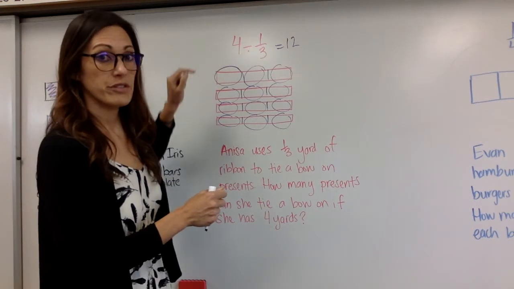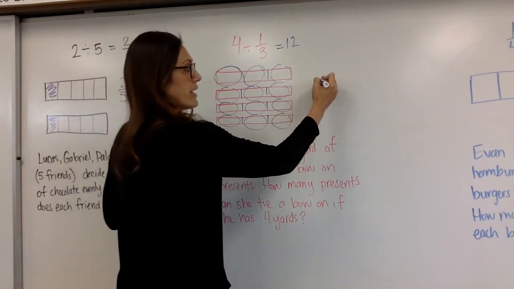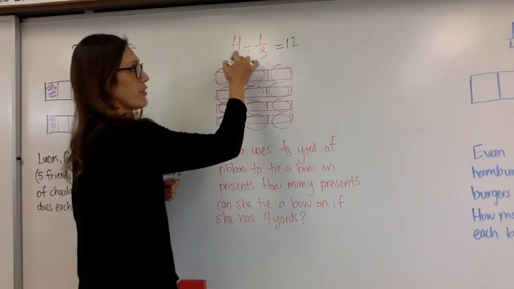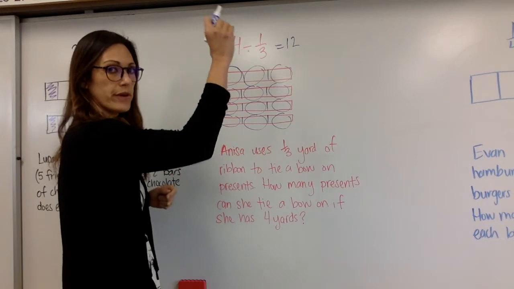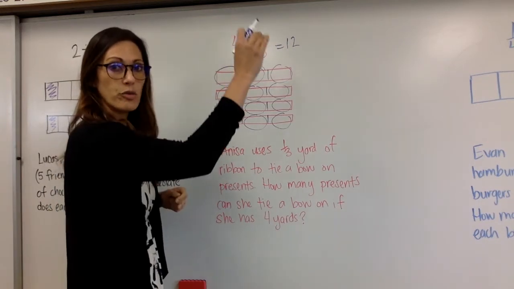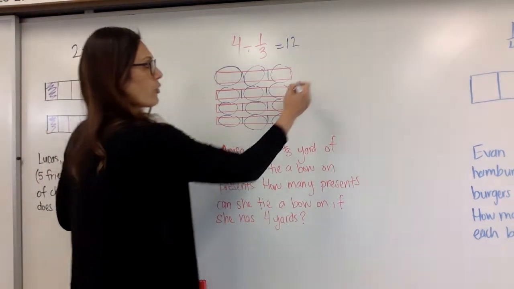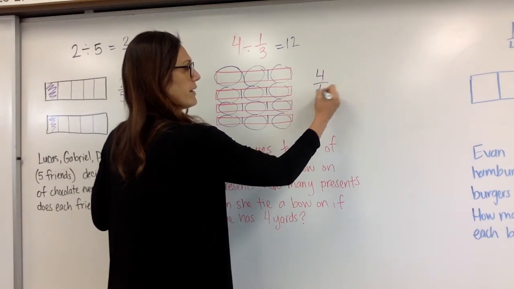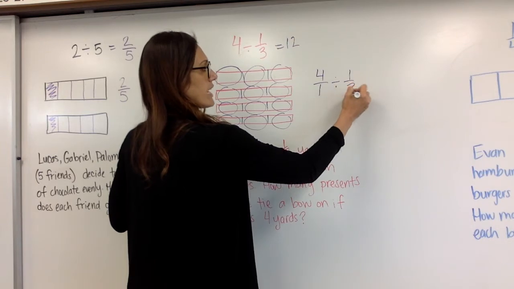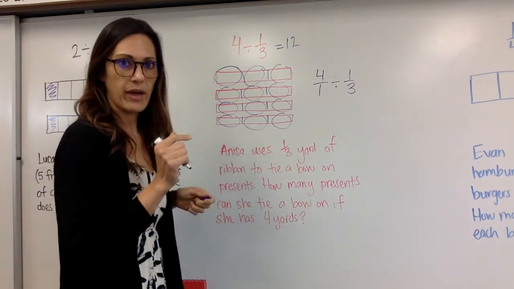Now remember, when you're dividing fractions, the first thing you do is take your problem and make sure it has numerator over denominator, divided by numerator over denominator. So here I have a whole number 4. I'm going to put that over 1, 4 over 1, and then 1/3 has a numerator and a denominator, so I'm okay there.